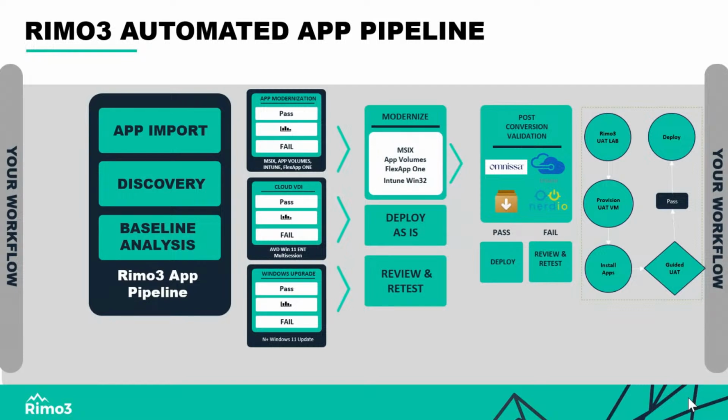Because, as I mentioned, it is an automation and orchestration engine, and we are automating and orchestrating the provisioning of the AVD environments, the installation, and the testing of the applications, we've introduced facilitated user acceptance testing workflows directly in the same platform.